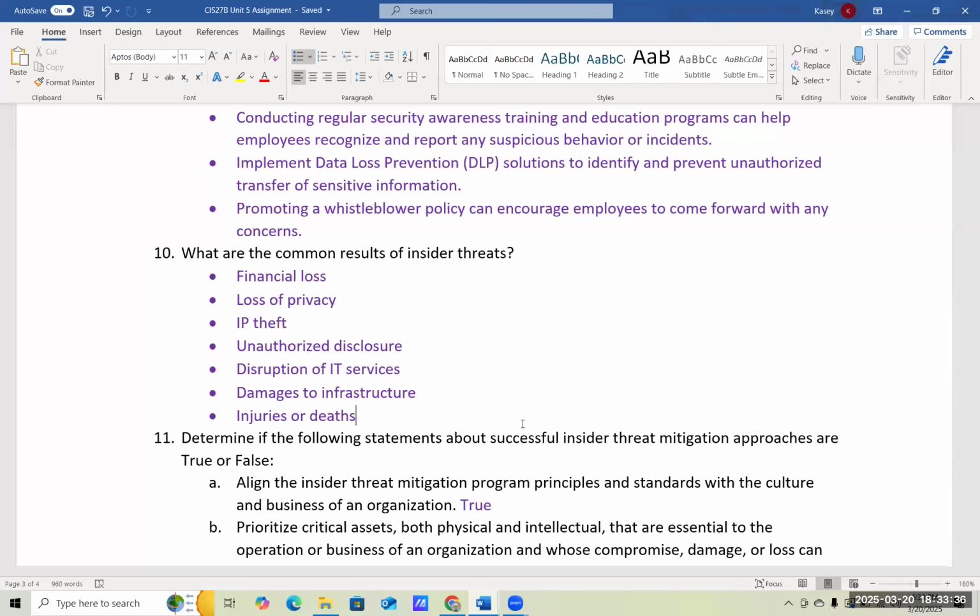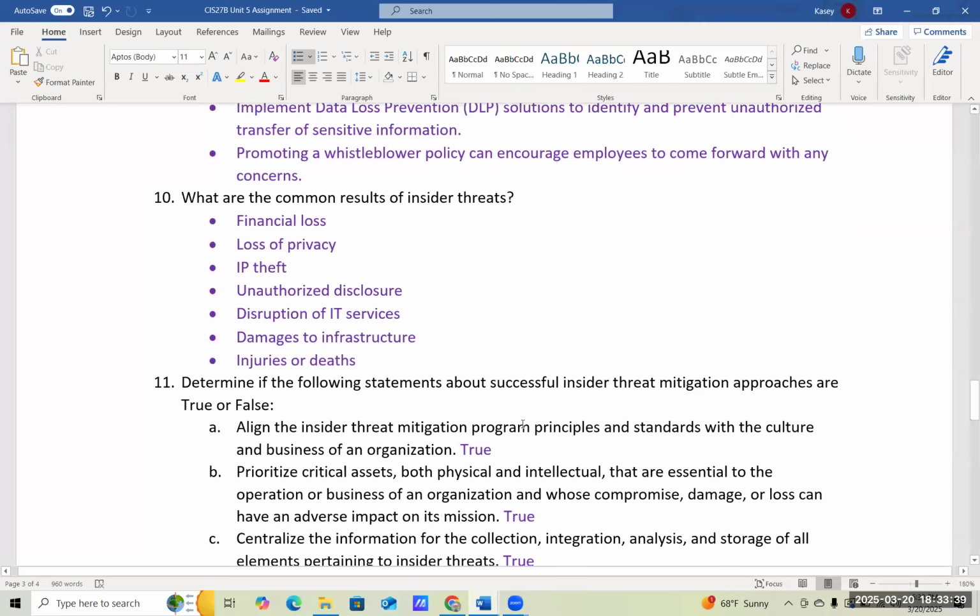And then B, prioritize critical assets, both physical and intellectual, that are essential to operation or business of the organization and whose compromise, damage, loss can have an adverse impact to its mission. True. So we want to look at critical assets, people, right? Could be building, facility, physical, right? And then intellectual designs, concepts, arts, things that people build and create, right?